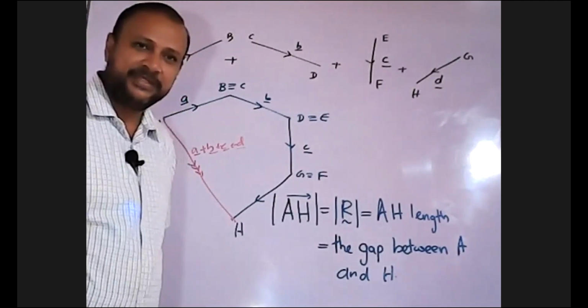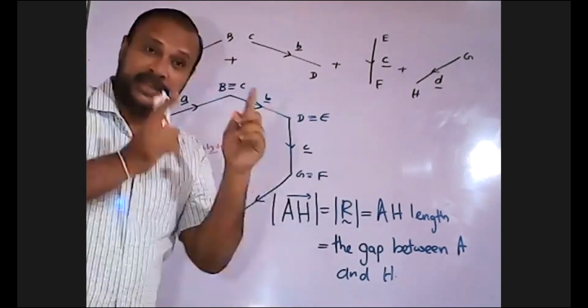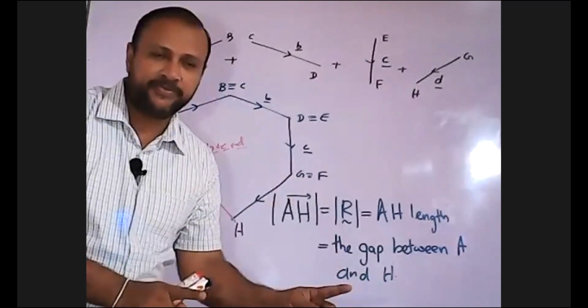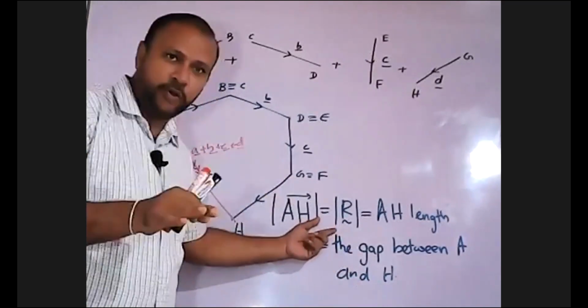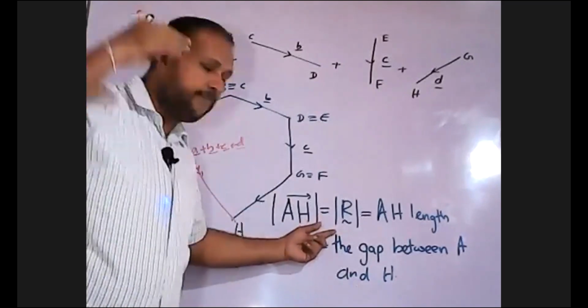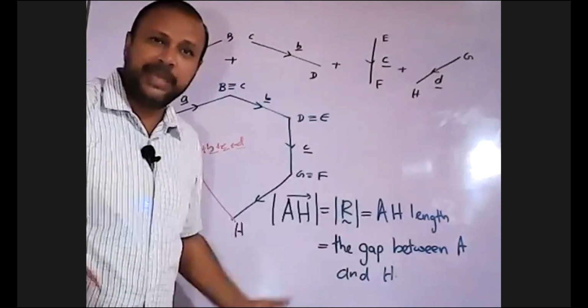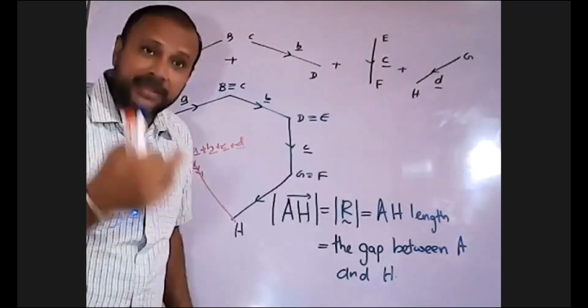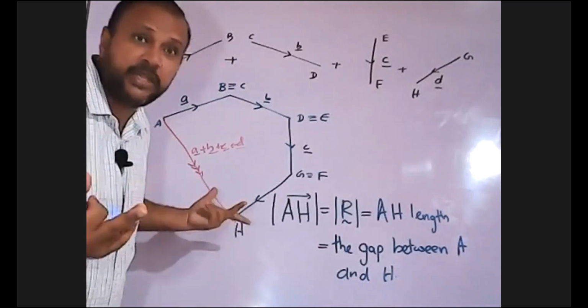Very good. If the resultant force is 0, its magnitude should be 0, no? That is the obvious thing. If the resultant force of a vector system is 0, that means the magnitude of the resultant force should be 0. If the magnitude is 0, that means the gap should be 0.